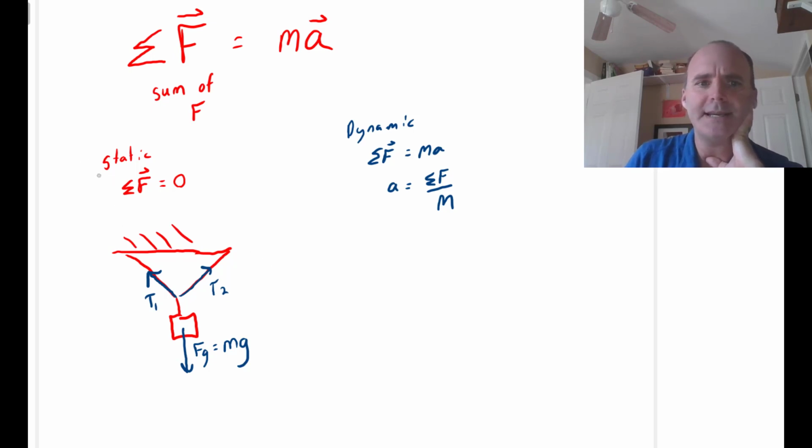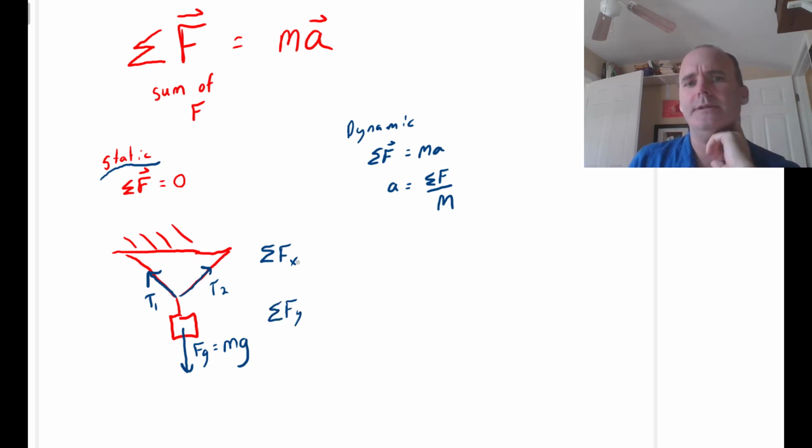For statics it's a little bit complicated because I'm going to break this up into two parts. I'm going to say the sum of my F of x, my x components, and the sum of my F of y components are both going to be equal to 0. This is just a quick review of looking at components of a vector.